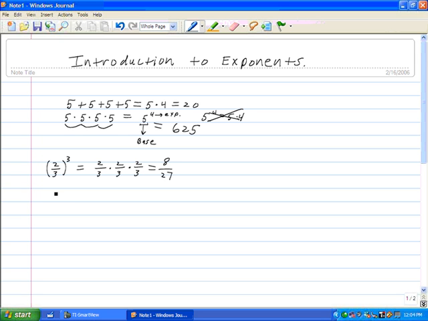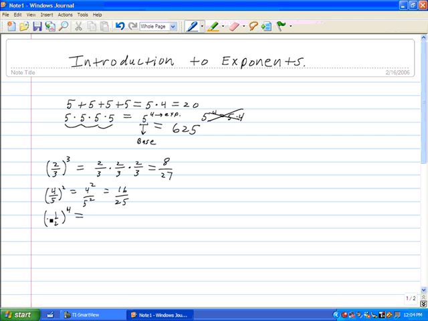What we actually find then is that when we raise a fraction to a power, we can simply raise the top to that power, raise the bottom to that power, and that's a much quicker, easier way to handle it. And again, watch your signs carefully. If I have negative 1/2 to the fourth power, the first thing I would look at is my sign.